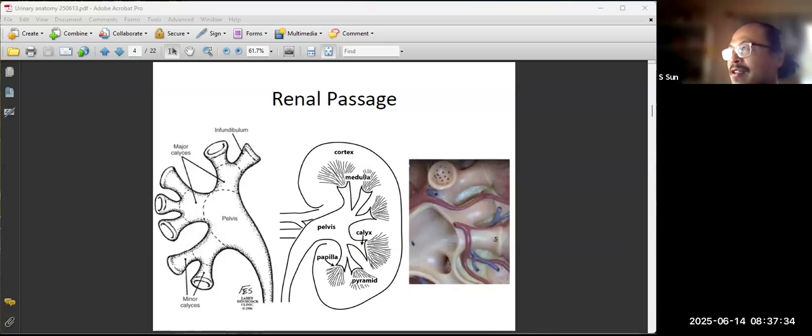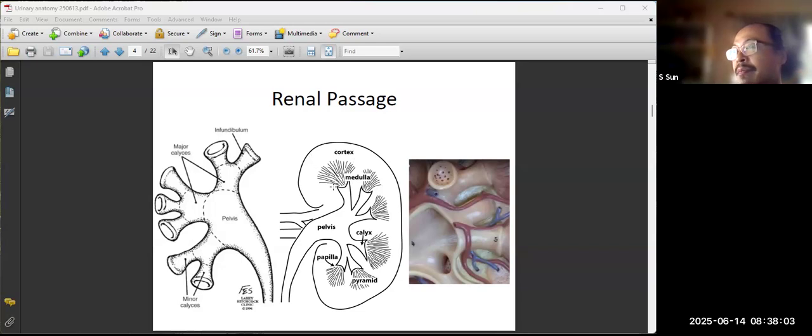It's also called pyramid. Medulla is referred to the organ. The outer portion we call the cortex. The inner portion is called medulla. So that is the beginning of the urinary passage.